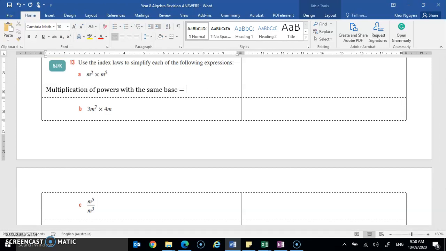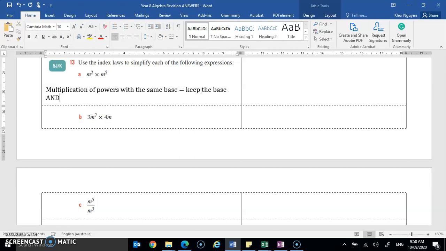So what do we do? Really simple. We keep the base and we add the powers.